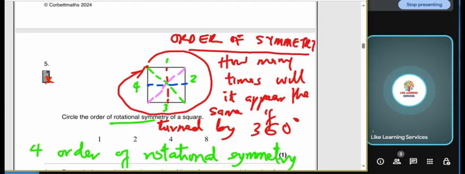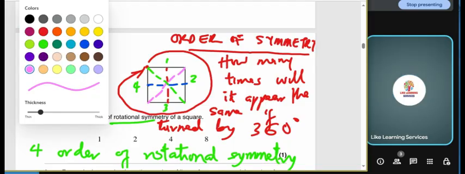A simple summary: order of symmetry is how many times it will appear the same if turned by 360 degrees. But please, I need to add that you should not include the 360th degree turn, because we've counted it before.